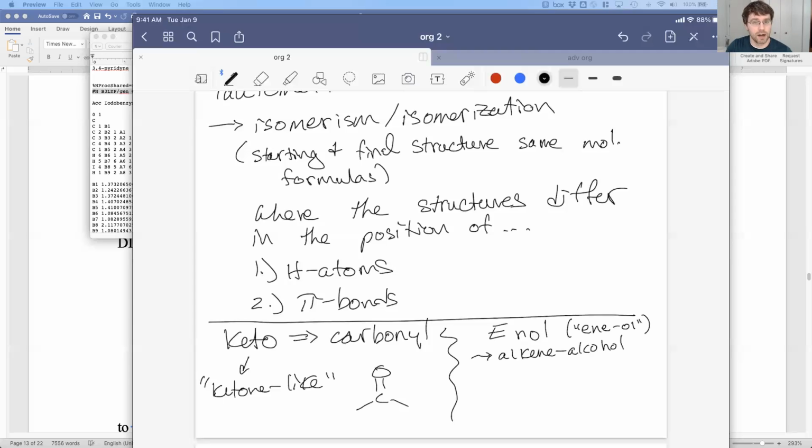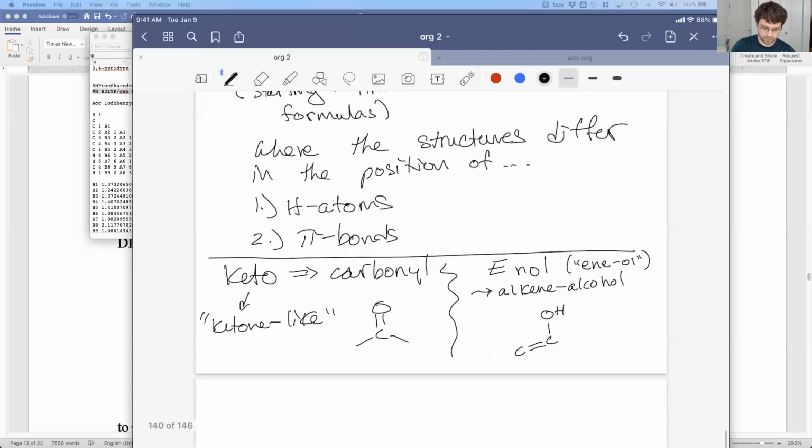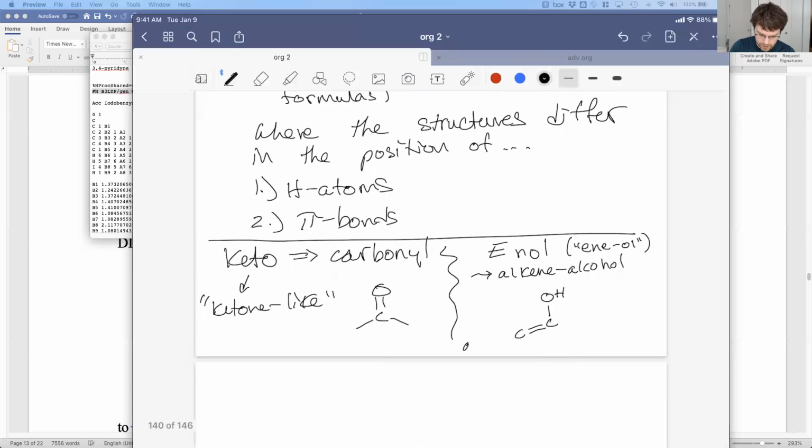Okay, cool. So we have enol, alkene alcohol. Now what this looks like is we have an alkene and then directly on it is an alcohol, alkene alcohol. So alcohol directly on an alkene.